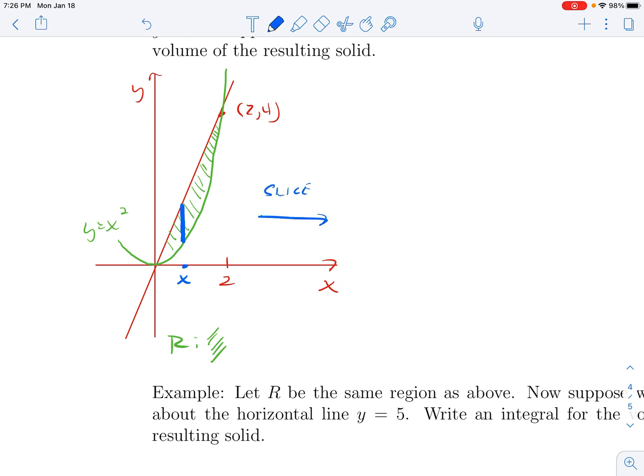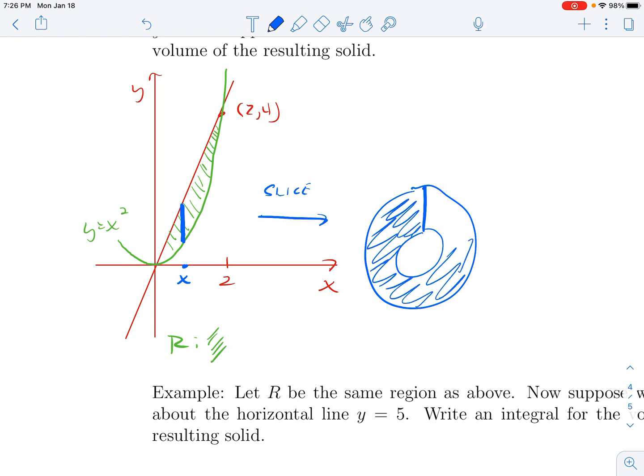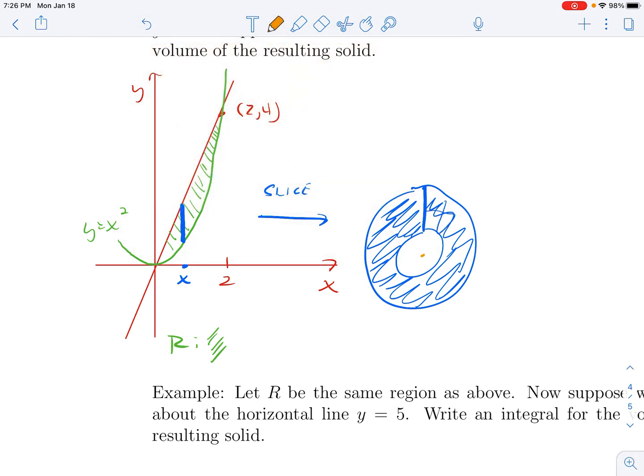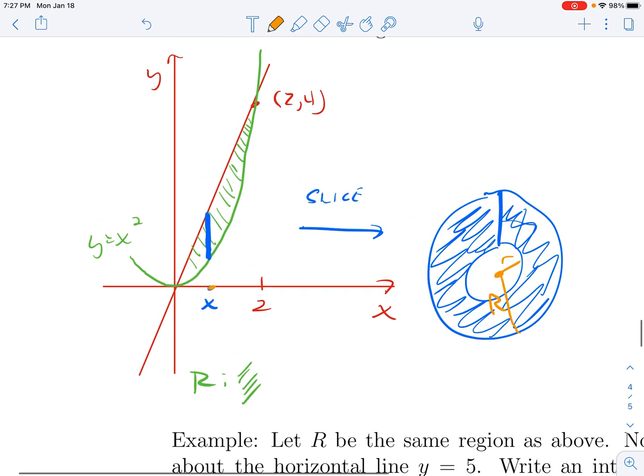So each slice would look something like this, right? This part spins around, so we get all of this. So we need to know our two radii. There's the little radius, and there's the big radius. Right here is the center of the circle.